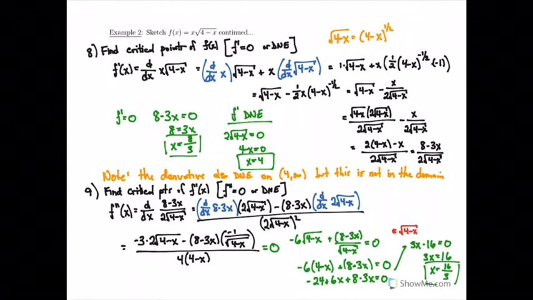That's one of our critical points. And again, we have when does the second derivative not exist. That's going to be at the point x equals 4. So that is also a critical point.